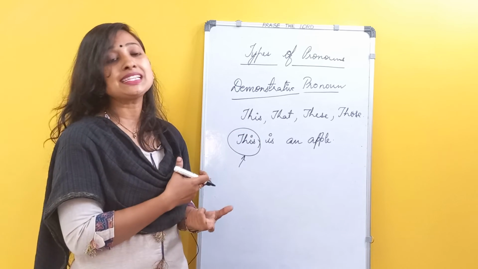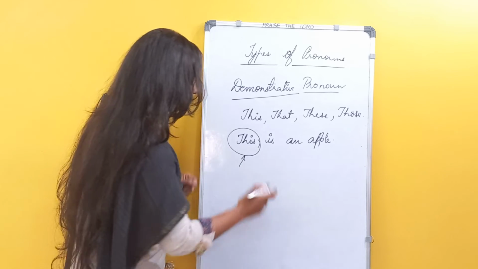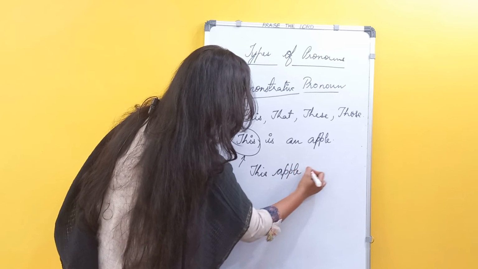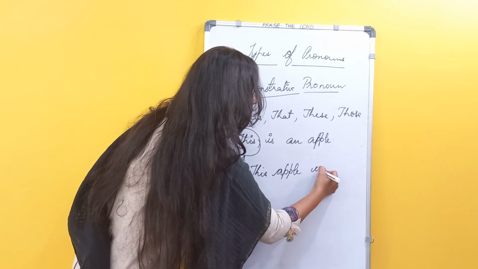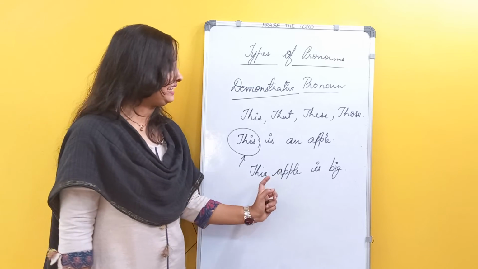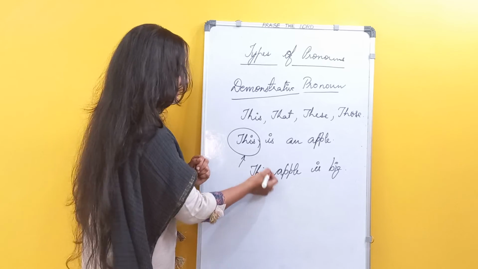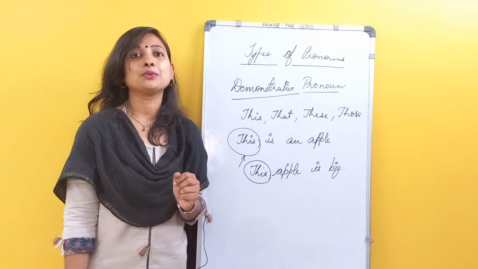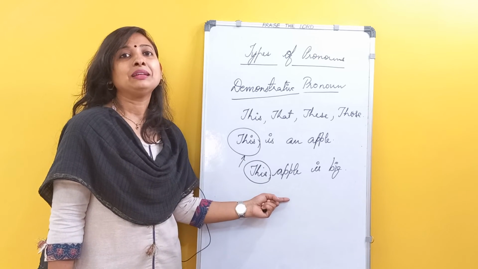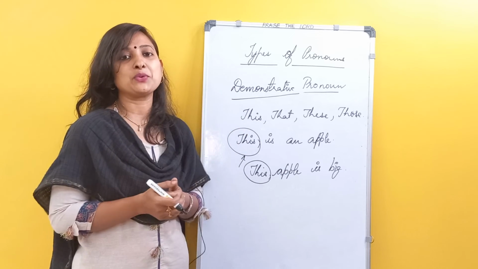But if I use the same word, like, this apple is big. Now if you notice, this is not a demonstrative pronoun. This before the apple, this apple, is describing the noun.